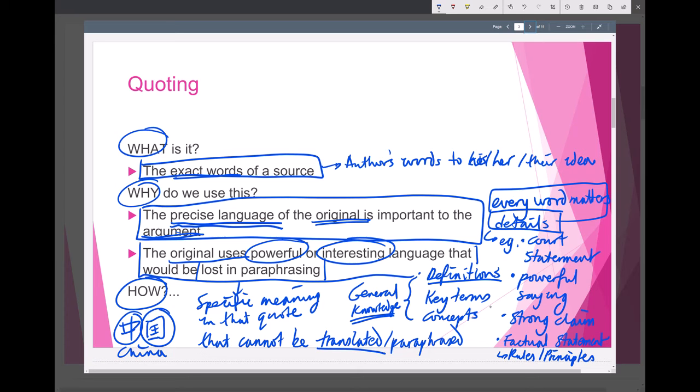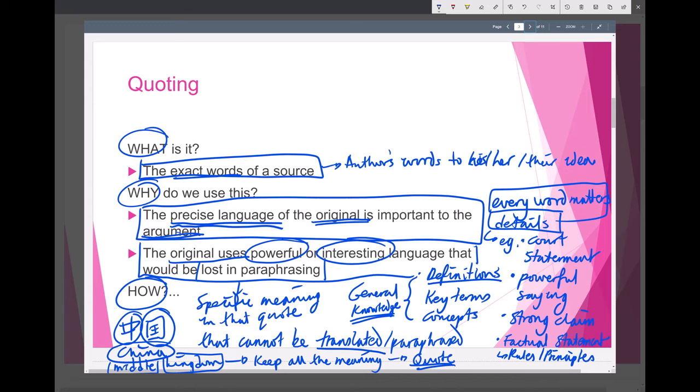Maybe, Middle Kingdom, if I were to translate more literally. But if I just paraphrase it as China, I would lose some of the meaning. But if you want to keep the meaning, keep all of the meaning in your interpretation, then you quote.